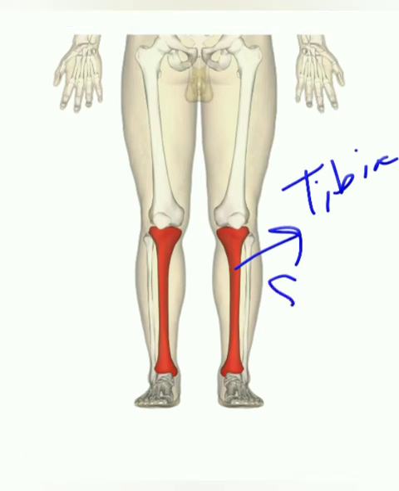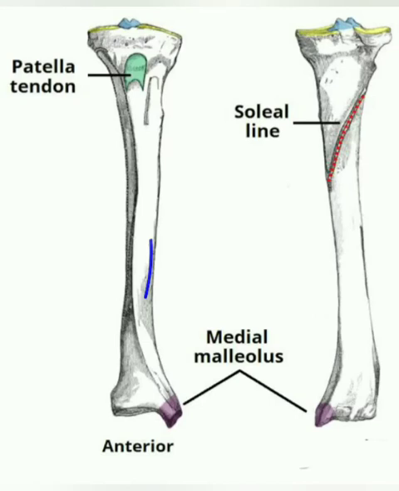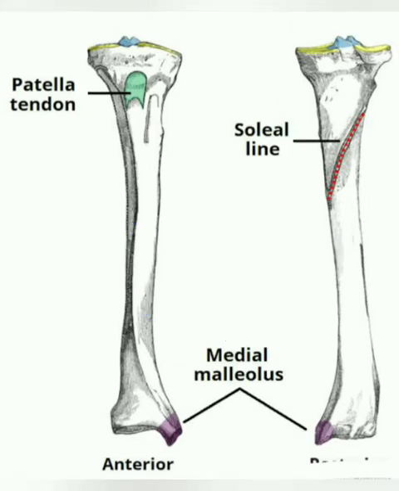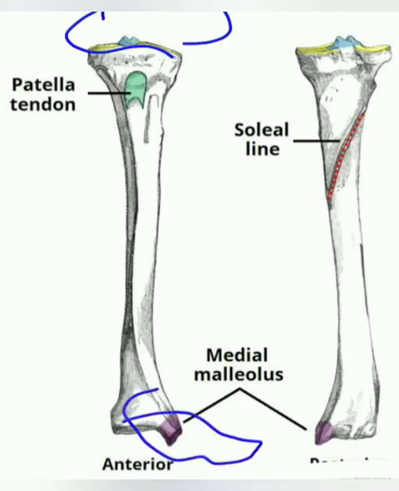The next one is tibia, which is also known as shin bone. It is the larger as well as stronger of the two lower leg bones. Now, what is its function? See, it forms the knee joint with femur and the ankle joint with fibula and tarsals.